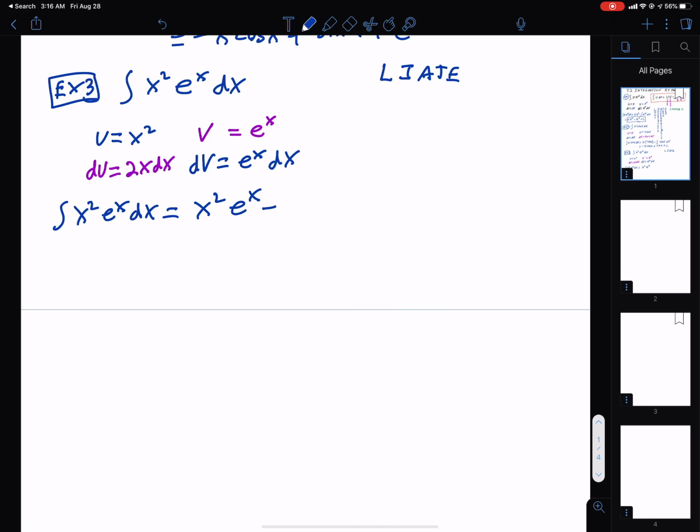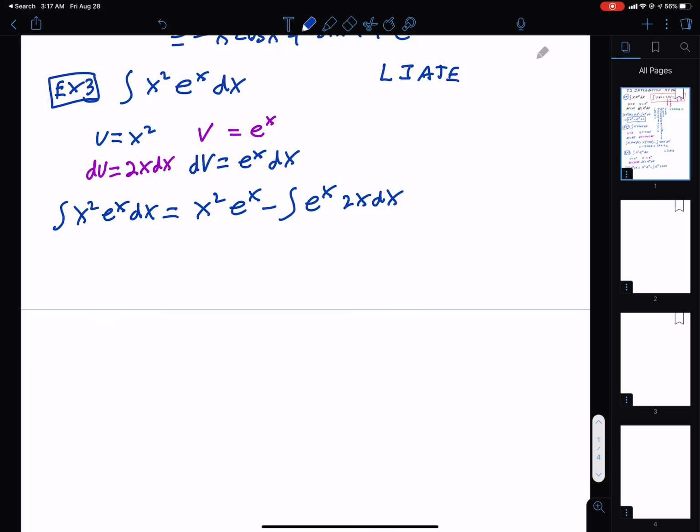Hey, that's pretty easy. Vu is e to the x, and du is 2x dx. And here's the sad part. We don't know the antiderivative of this. And we can't do a u sub, we can't do a rewrite.